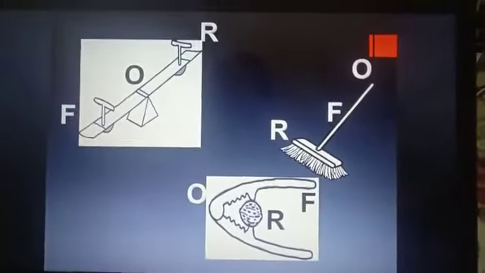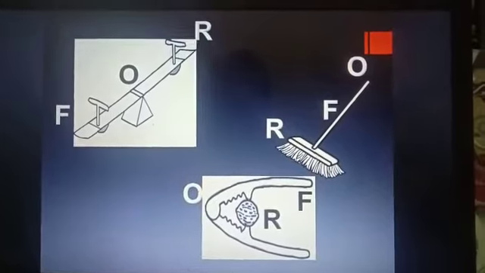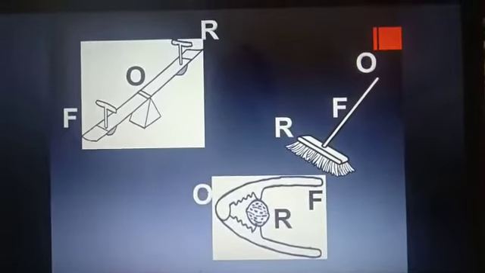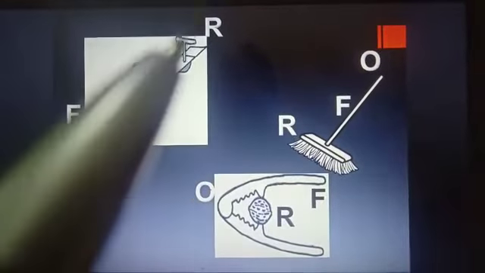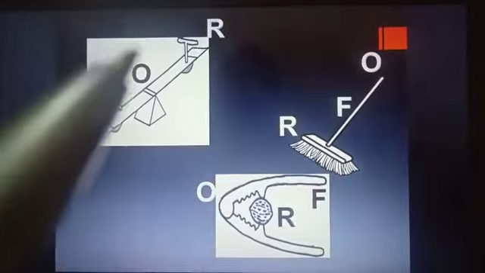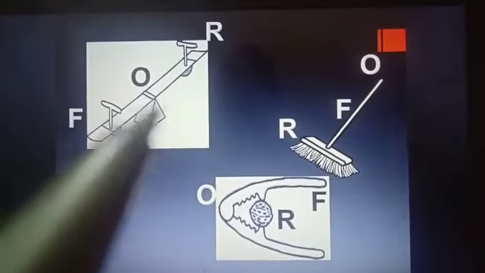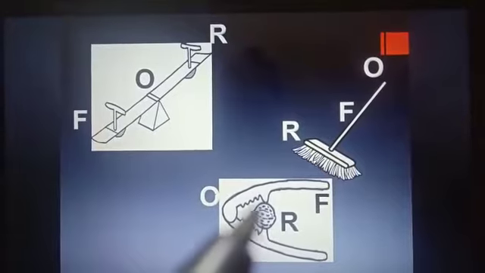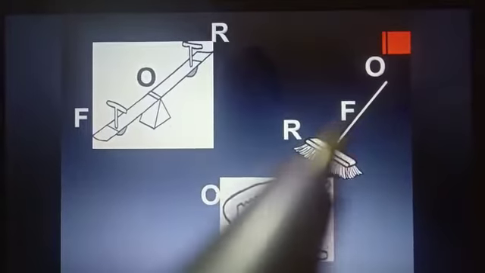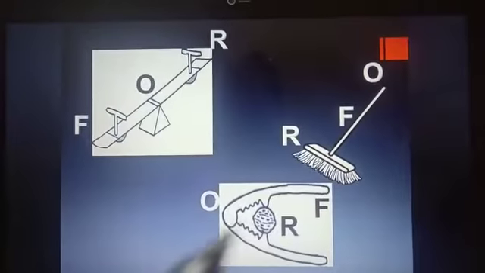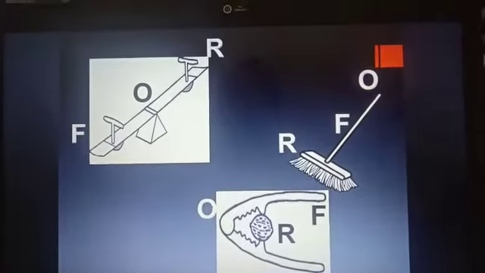So we have three types of levers, depending on the position of effort force, fulcrum and resistance force. Seesaw is a first class lever because the fulcrum is in the middle, nutcracker is a second class lever because resistance force is in the middle, and manual broom is a third class lever because effort force is in the middle.